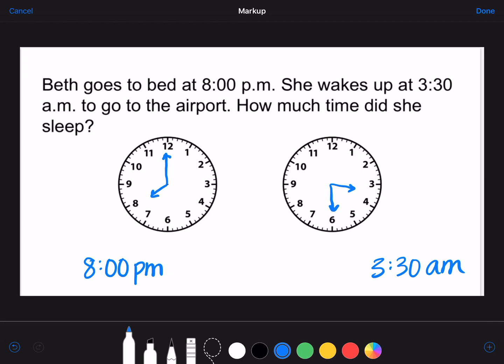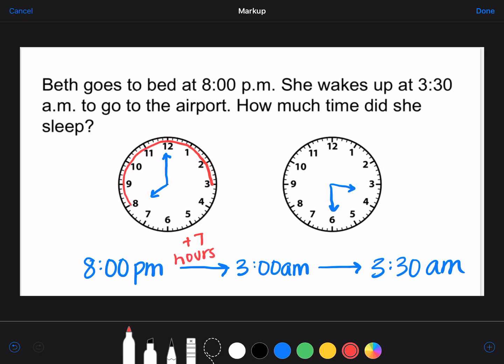So what I want to think about is at 3:30 a.m. and 8 o'clock p.m., I'd want to first stop at 3 o'clock a.m. That's an easy count, and then go from the minutes, 3 o'clock a.m. to 3:30 a.m. So if I think about my clock, from 8 o'clock, 1, 2, 3, 4, 5, 6, 7, that would be 7 hours.